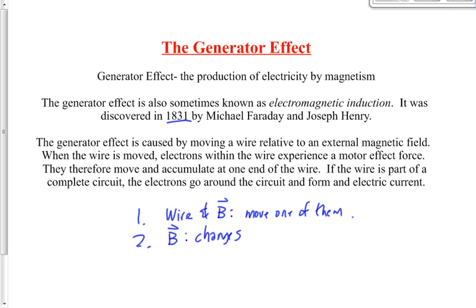Change the strength of the magnetic field. I should have said, actually, you still need a wire and a magnetic field, not just the magnetic field. You need the wire and the magnetic field, but you can change the strength of the magnetic field in addition to moving the magnetic field or the wire. That's also going to generate an electric current in the wire.